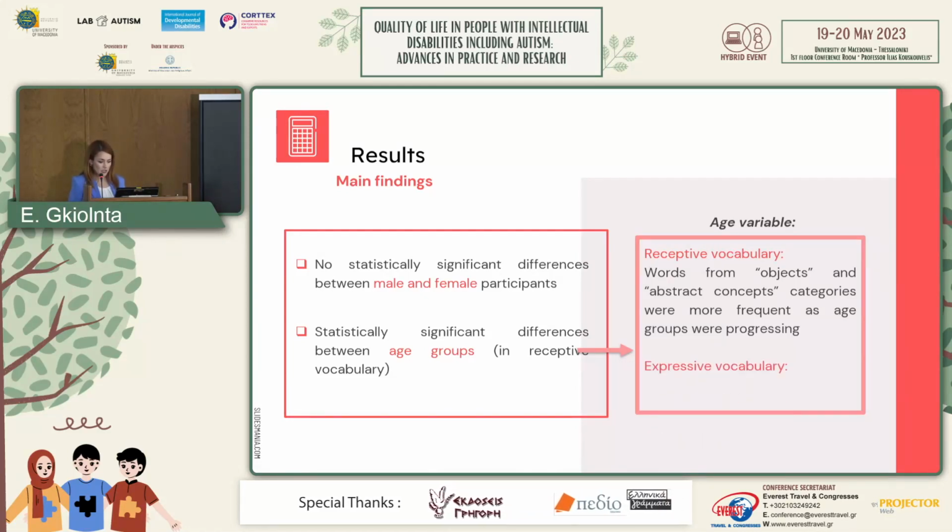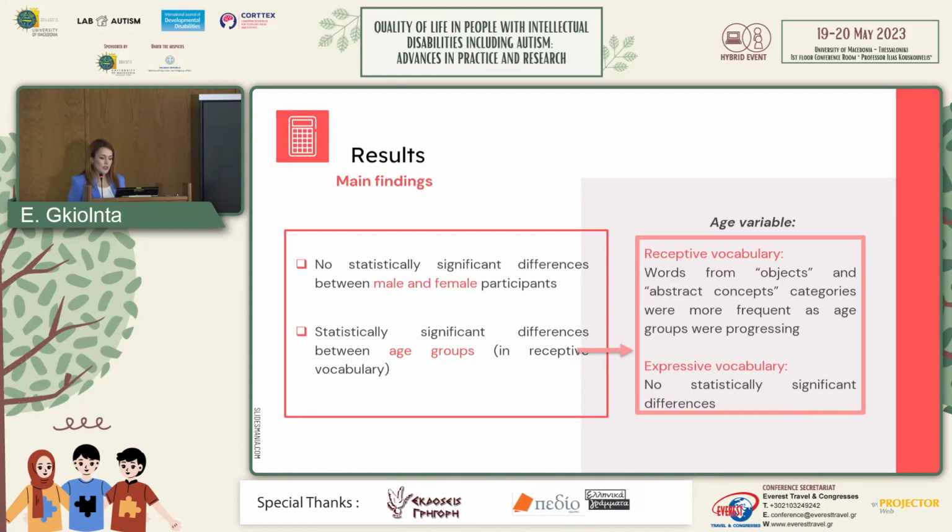And in expressive vocabulary, no statistically significant differences were found. This is a very interesting finding in this research, as we can see that regarding receptive vocabulary, children tend to learn some concepts, but in expressive vocabulary, even as they were getting older, their expressive vocabulary did not become more frequent.